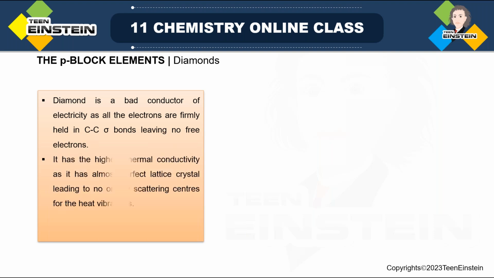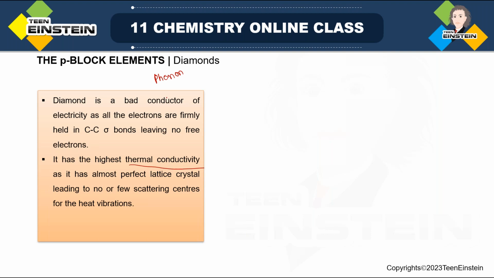But remember, there is another type of conductivity, which is thermal conductivity, and thermal conductivity is possible for carbon. Though it is a very higher level discussion, if you are interested, there is a term called phonons. I am not saying photons.